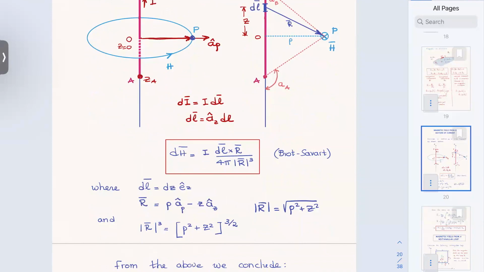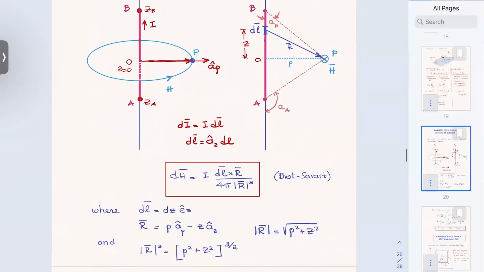All right. And then we write the vector r, which is the distance from dL to P here. We write it as a vector that is made out of two components, and we have seen this before. We just did exactly the same in the circular loop.